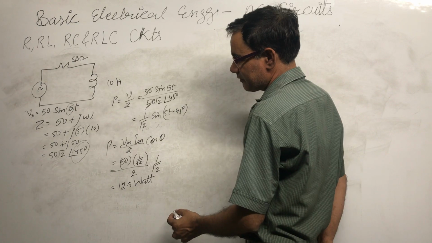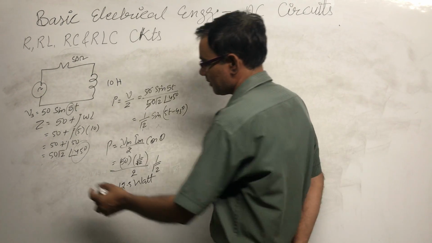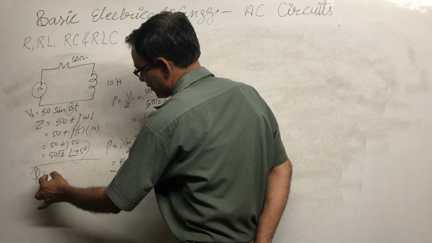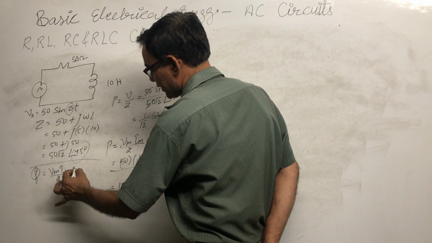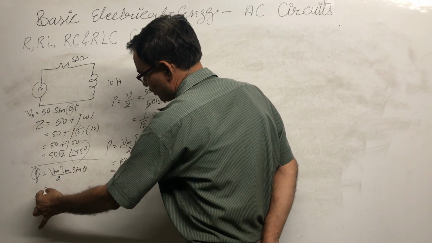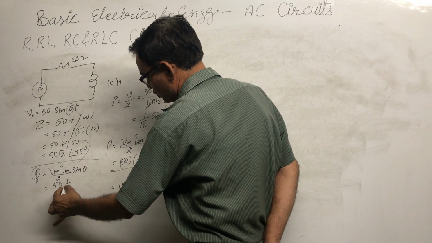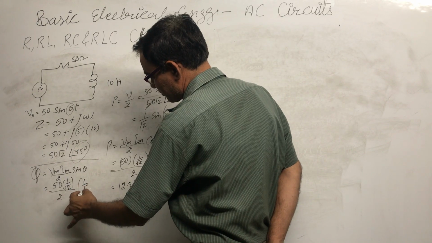What is the value of reactive power? Now we can easily calculate the reactive power Q. Q is Vm Im upon 2 sin theta. So Vm is 50, Im is 1 upon root 2, divided by 2, and sin theta is also 1 upon root 2.